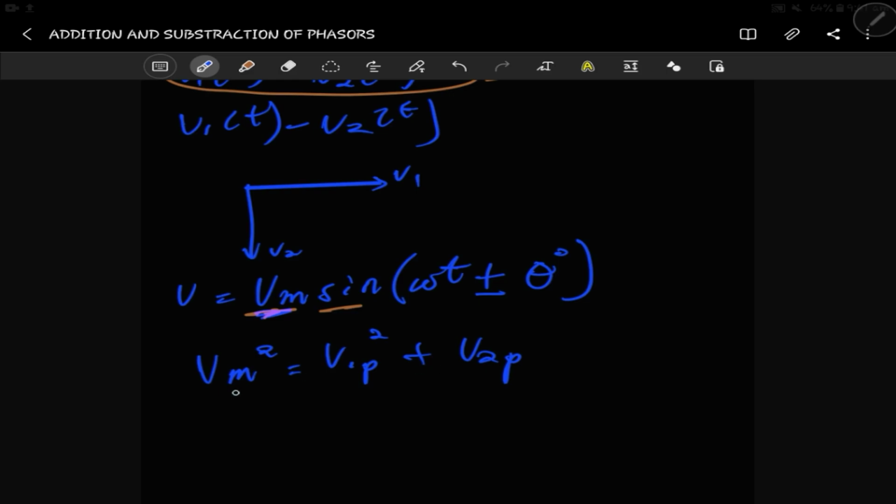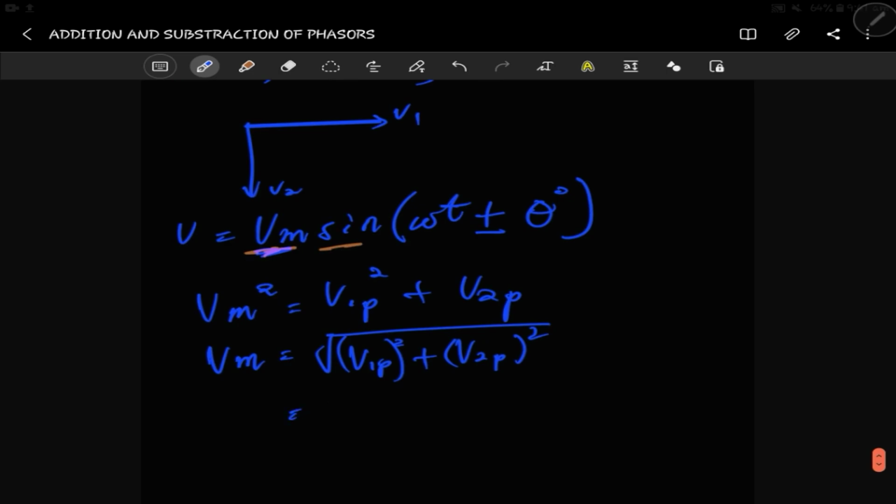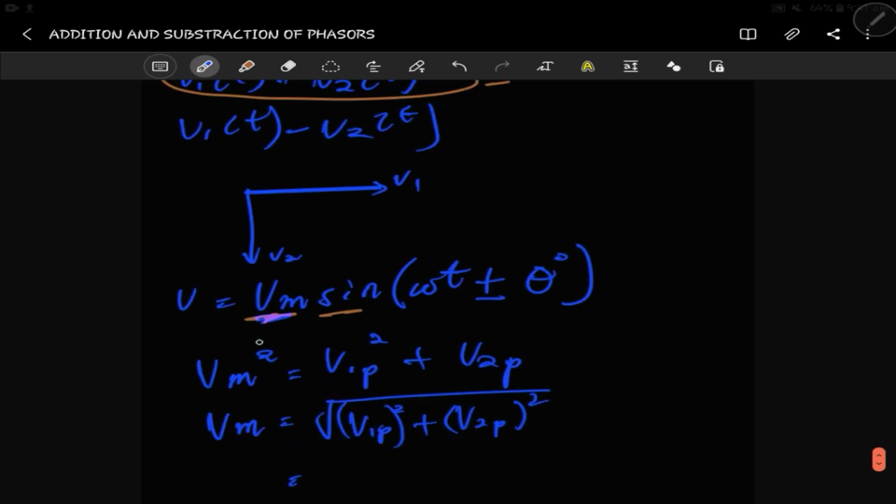So the peak that we are looking for as a result is like this. Then we end up getting a Vm this way: square root of v1 peak squared plus v2 peak squared. So we know that when we add the v1 and v2 sinusoidal quantities, we have something of this form.